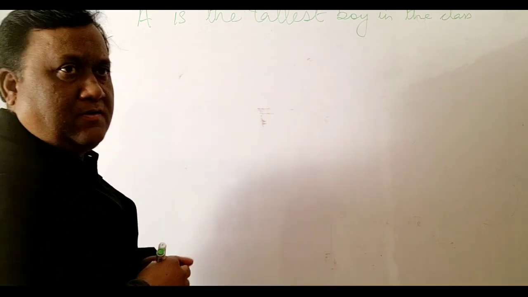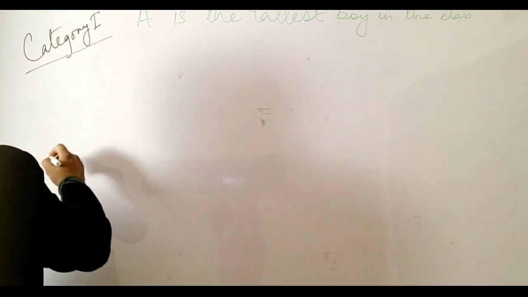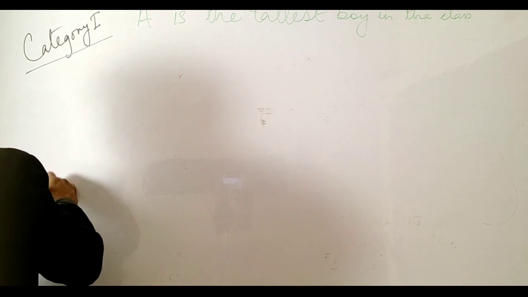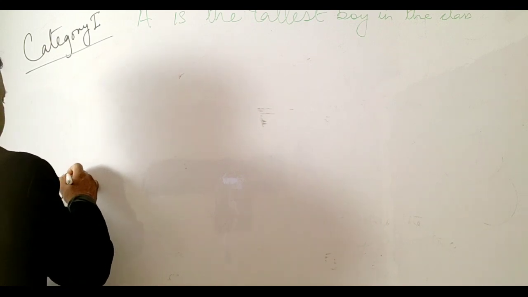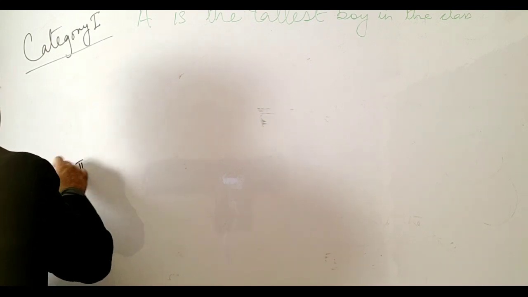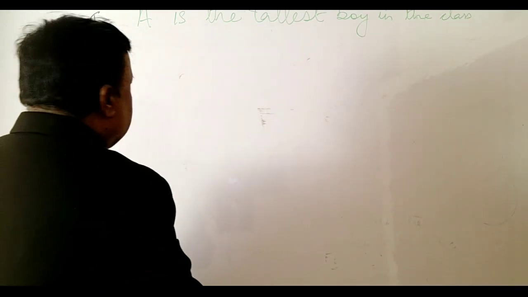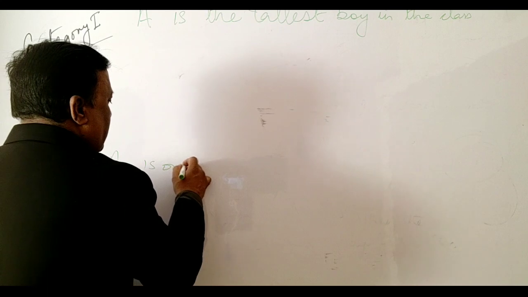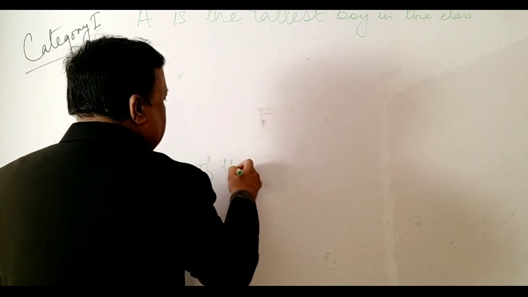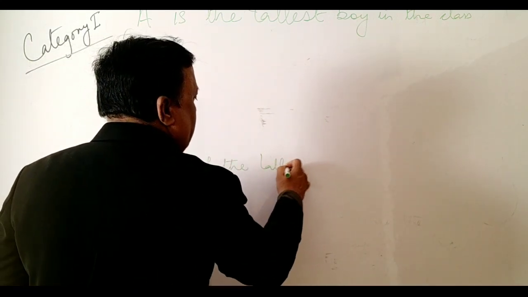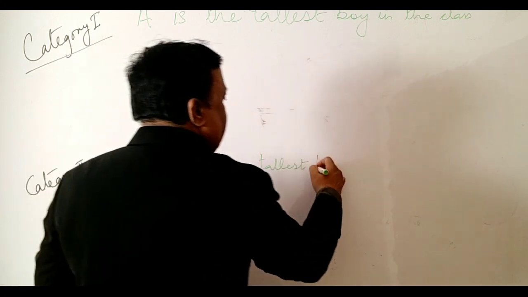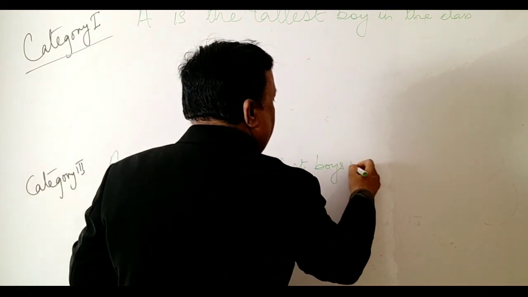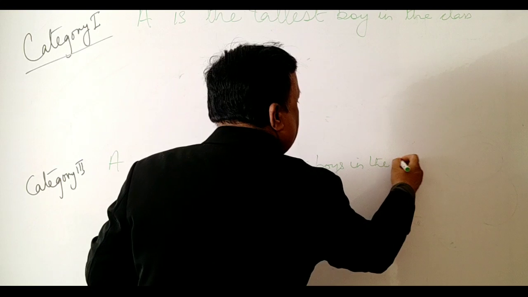Now, I take you to category 3. Category 3 says A is one of the tallest boys in the class.